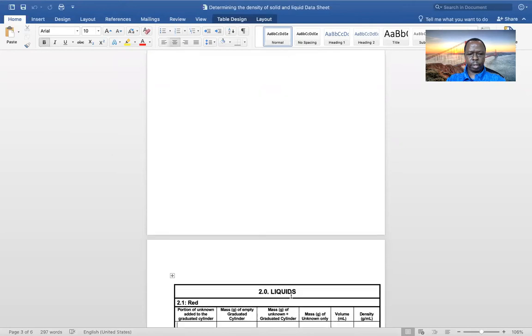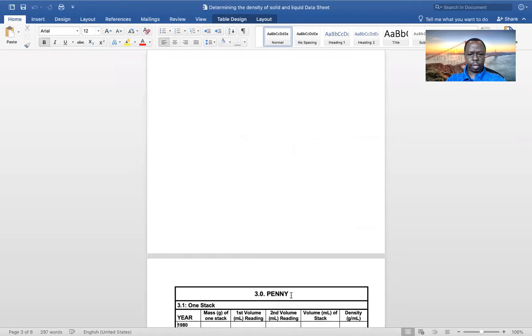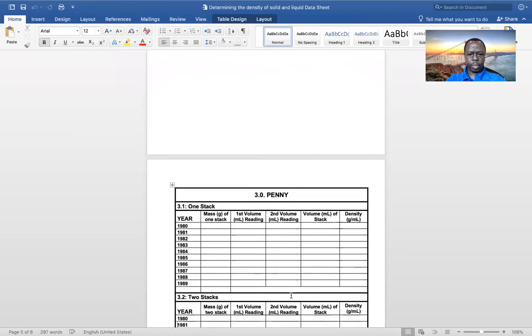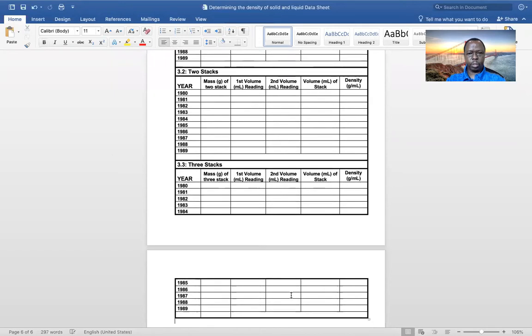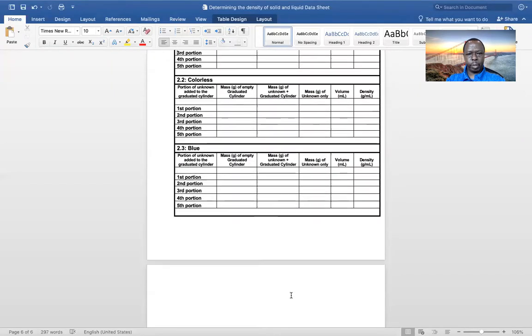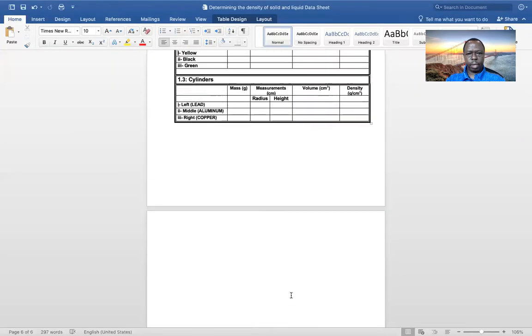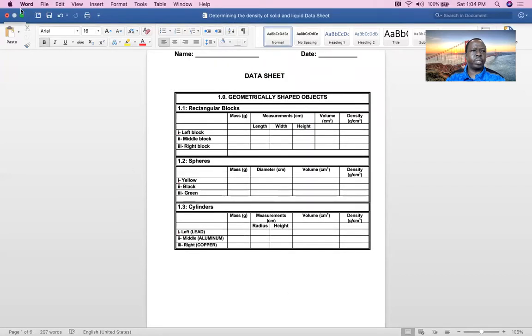We have liquids here, all right, colorless, blue, and stuff like that. And the pennies will be the last item you will collect the data on. So this is the data sheet you see here, which I recommend that you download, print, and have before you so that you collect the data from the simulation.